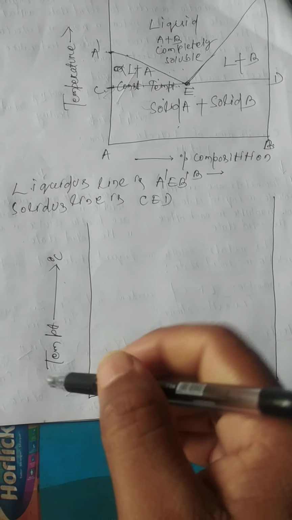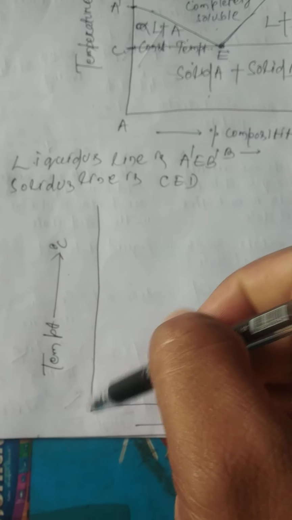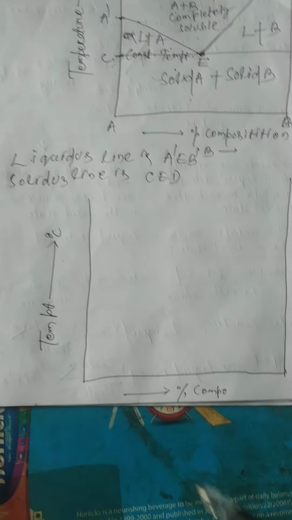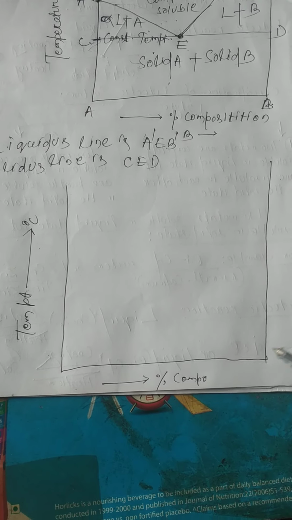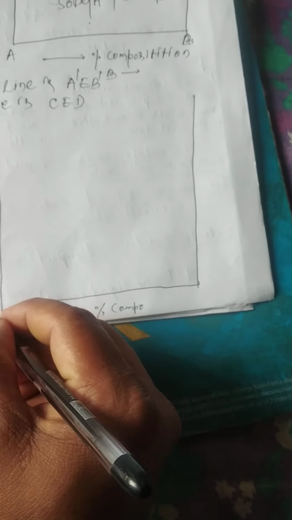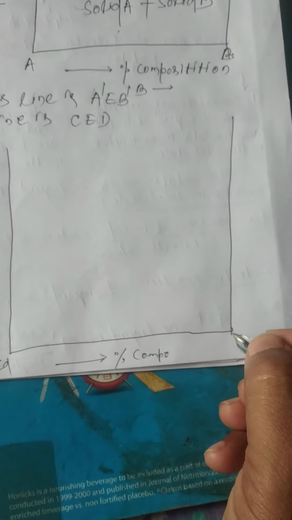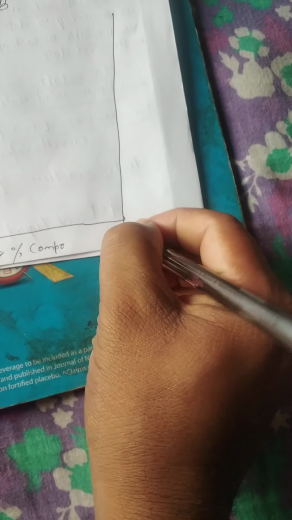Now see, these are the two vertical lines. As per the discussion, temperature is the vertical line, and the percentage of composition we are taking on the horizontal line. Here I am taking the left side as cadmium and the right side as bismuth. What does it mean?